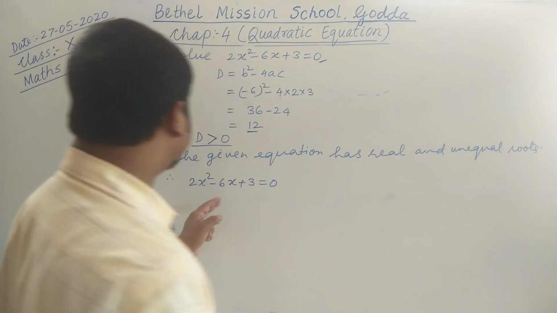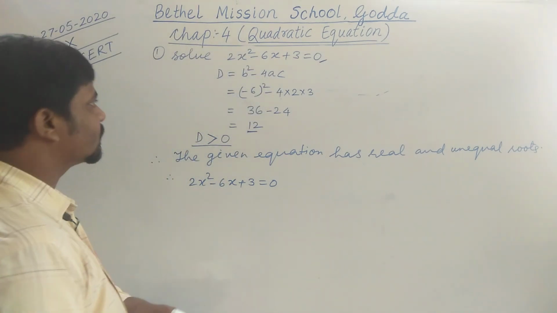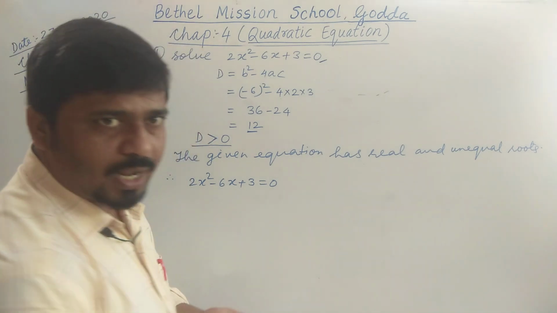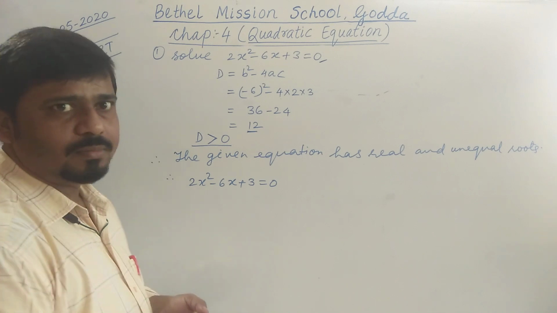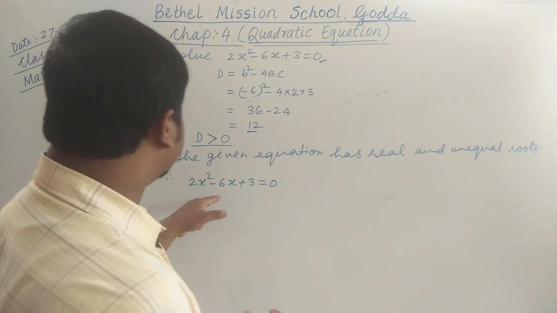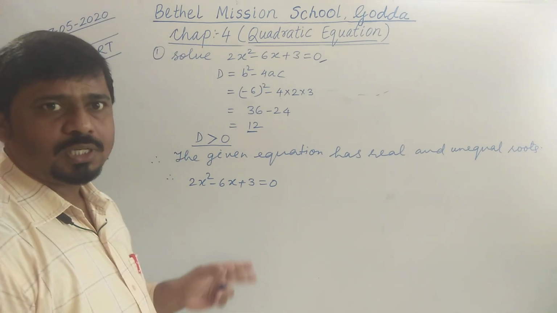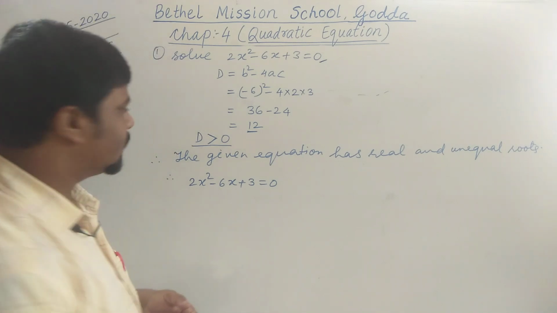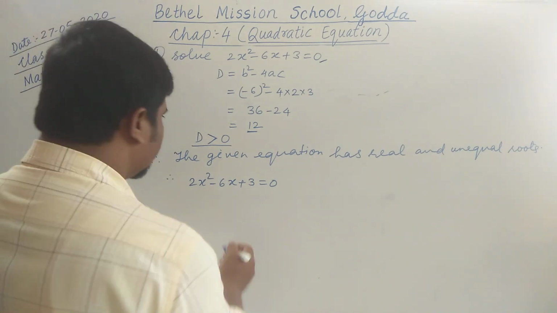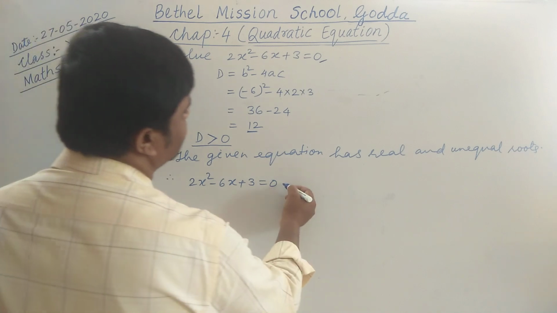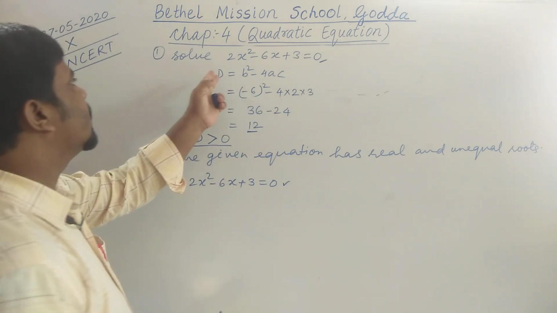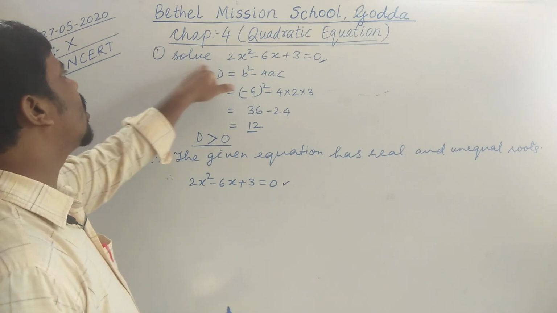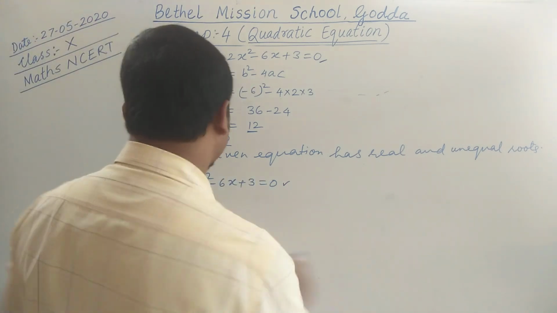Now for finding the roots of this equation, we have the quadratic formula, and we have another method, factorization. For factorization we will use splitting the middle term or an algebraic identity. You can take any method, because there is no restriction; it says solve, so we can use any method.